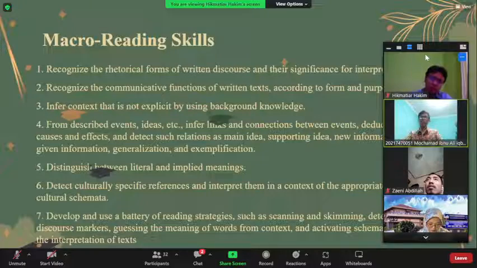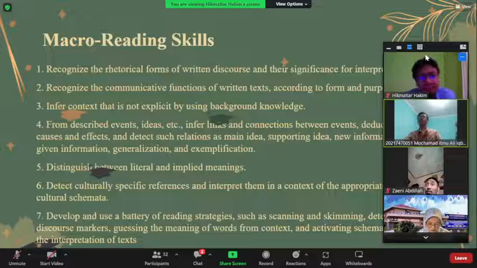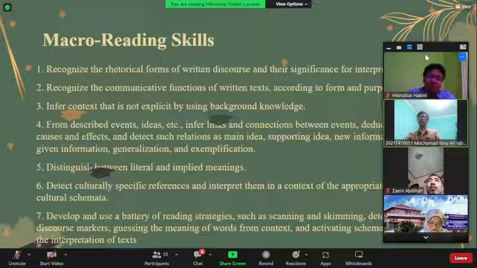Next, macro reading skills for comprehension. First, recognize the rhetorical forms of written discourse and their significance for interpretation. Second, recognize the communicative function of written text according to form and purpose. Three, infer context that is not explicit by using background knowledge.